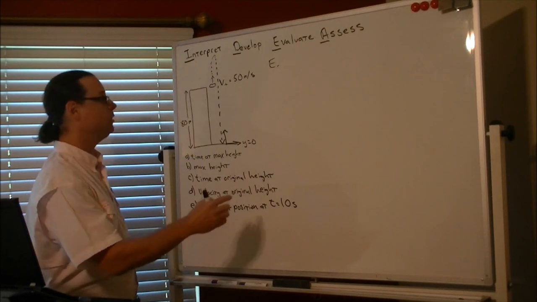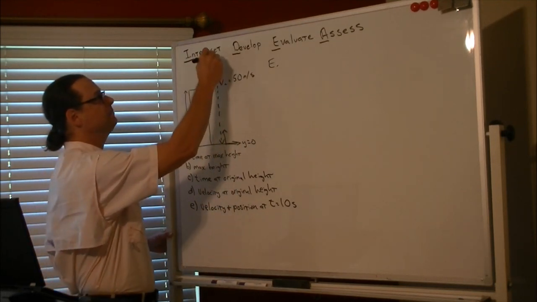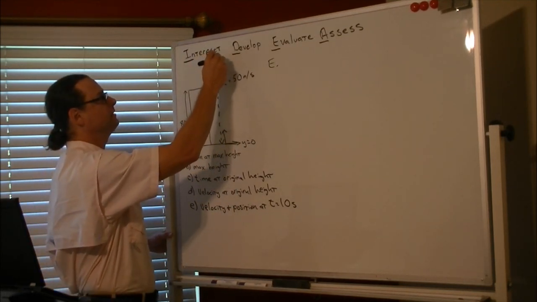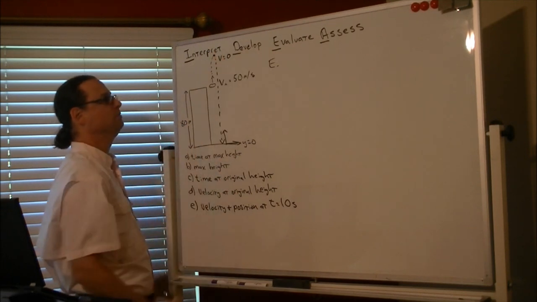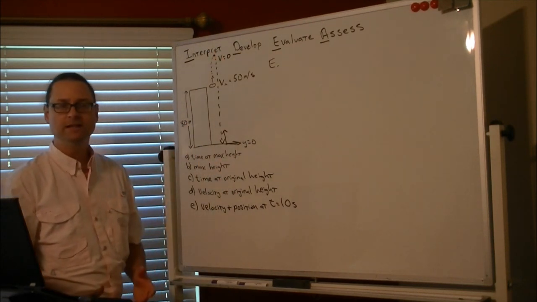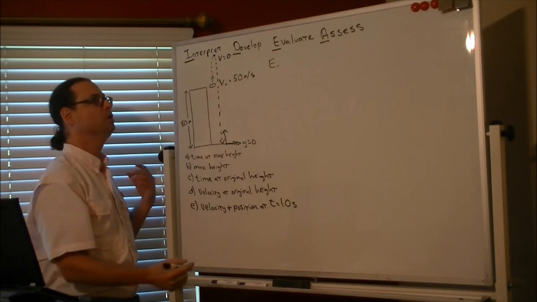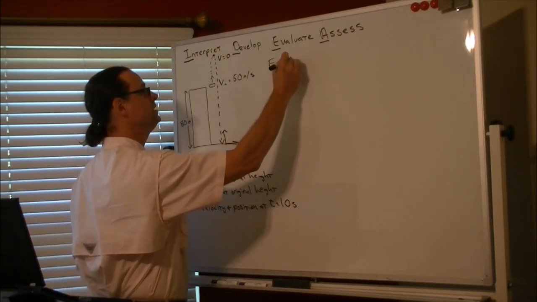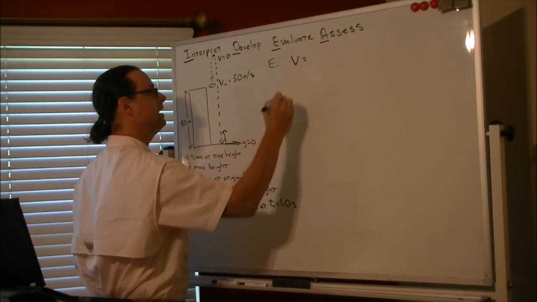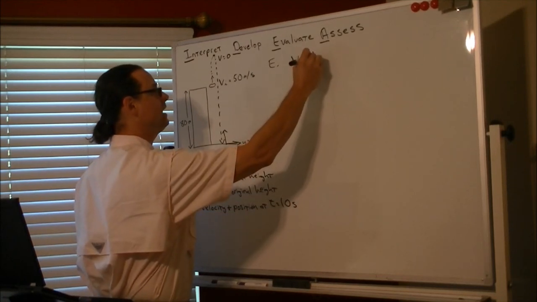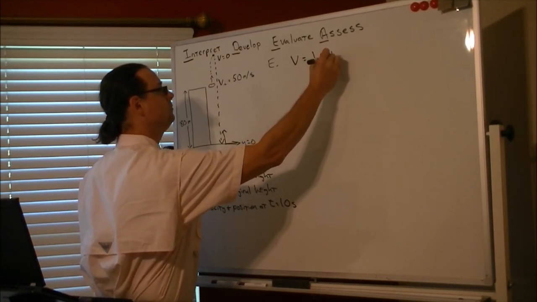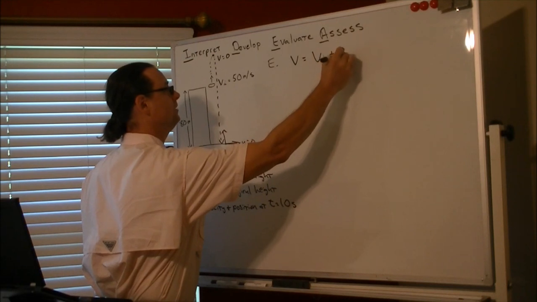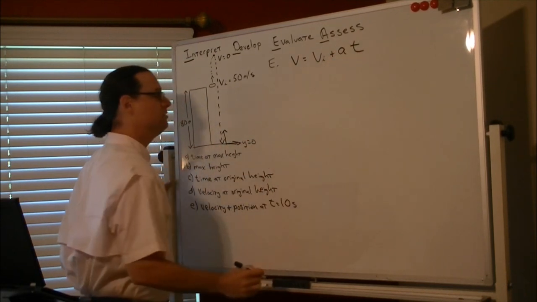So we notice physically that at the maximum height, the velocity is equal to 0. So now this is where we finally need the equation for velocity. And if you recall from the kinematic equations, the velocity equation is that the velocity is the initial velocity plus the acceleration times the time.